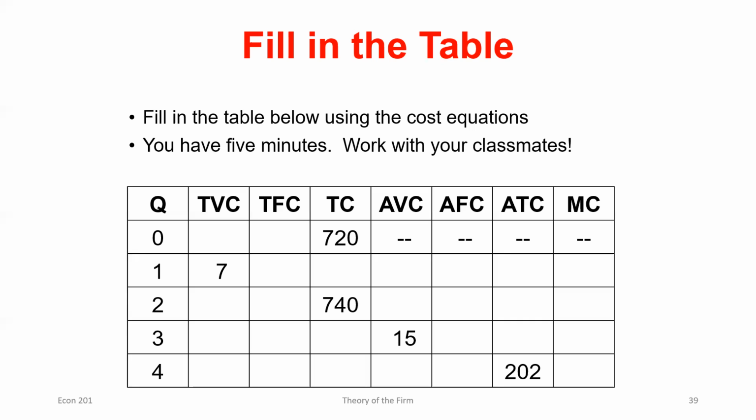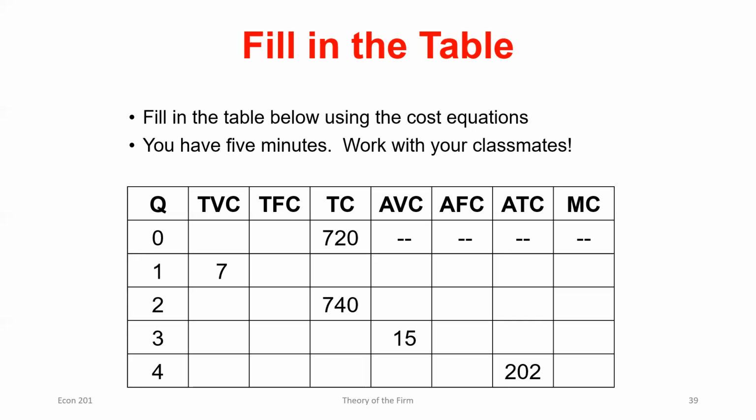So let's find a row where we have two other things. I've got total costs and total fixed costs here, as well as the average fixed cost. So if my total costs are 740, and my total fixed costs are 720, what's something I could fill in this row?